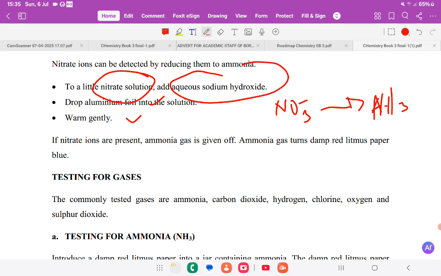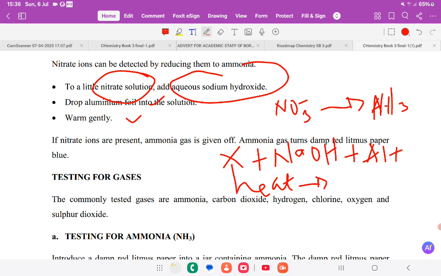So the procedure involves adding to a little nitrate solution, the solution that contains nitrate, let's say X, sodium hydroxide solution, and then you add the aluminium metal or foil to the solution, and then heat it.